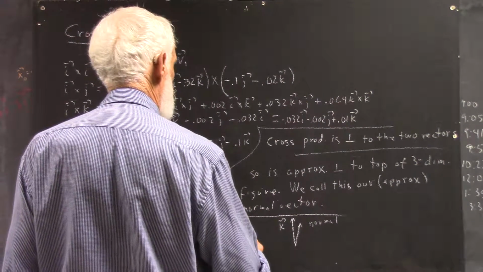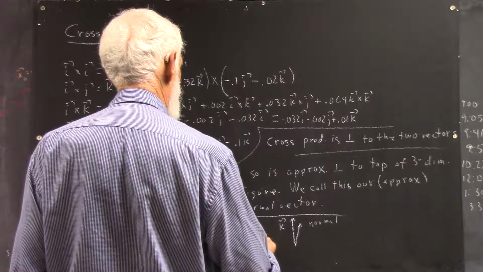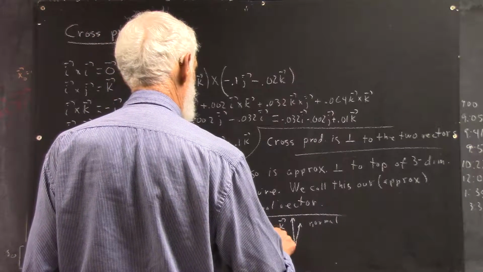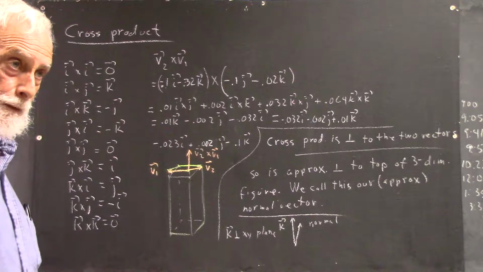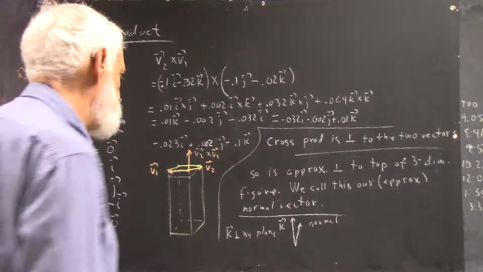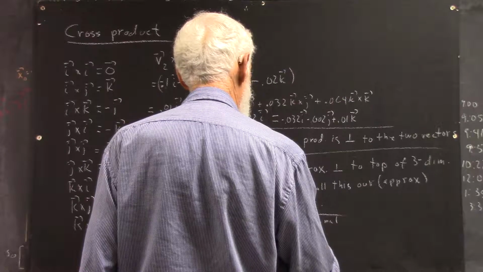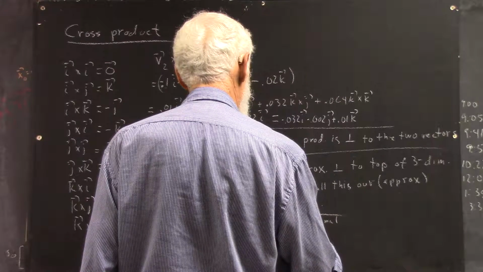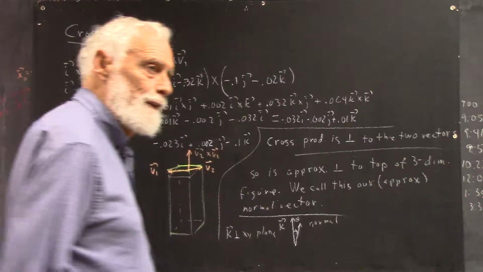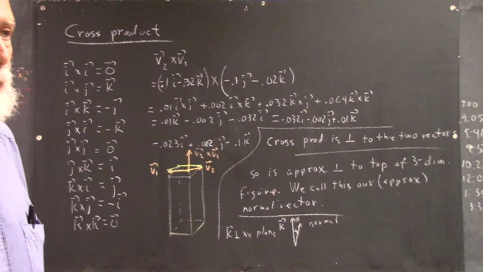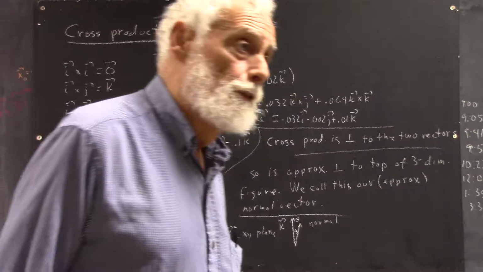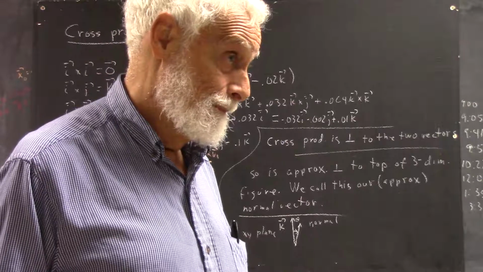K is perpendicular to the xy plane. Okay? There is some angle between these vectors that's actually very easy to calculate. Okay? A formula that's very similar to the formula you have for dot product.